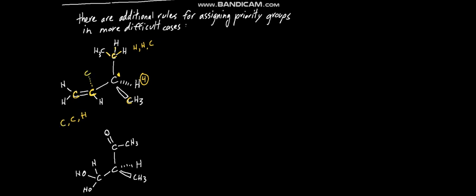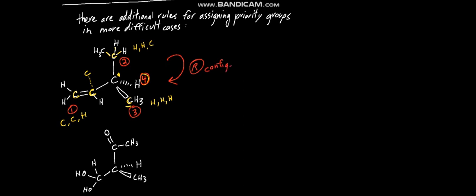So in our atom counting, we say that that's a C, C, H. What's attached to this carbon? H, H, H. So our priority groups for this are 1, 4, 2, 3. And then as we're looking at it, it's 1 to 2 to 3 with 4 pointing away from us, clockwise. That is the R configuration.